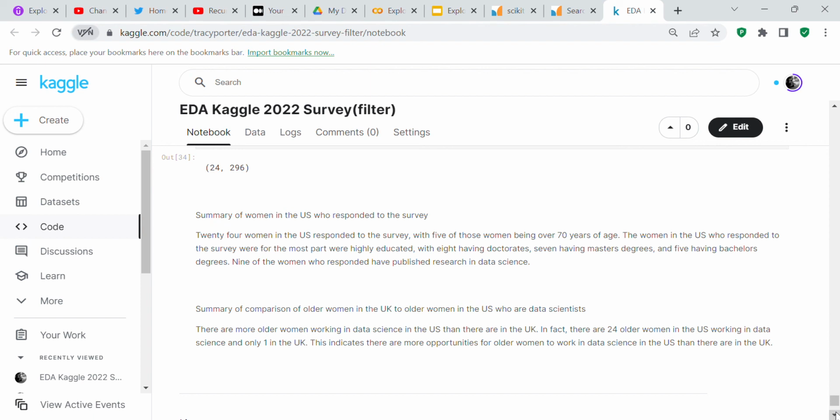This indicates there are more opportunities for older women to work in data science in the US than in the UK. I said that as nicely as possible, but I've been living in the UK for 30 years, and I can tell you it's very hard to break through that glass ceiling in the UK. And this pretty much proves it.